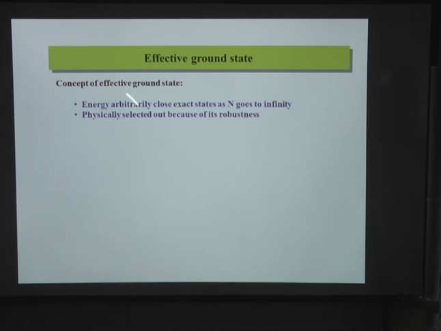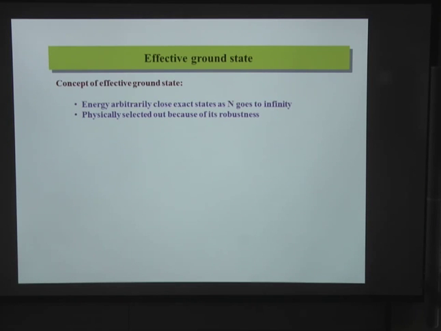So what's the effective ground state? The definition here has 2 points. First, for the effective ground state, the energy will be slightly higher than the exact ground state. So in that sense, it's not a true ground state, but the energy difference is pretty small, it's tiny. And normally we require the energy difference to go to zero when the system size goes to infinity. So in terms of energy, there's a small penalty, but the penalty is kind of negligible.